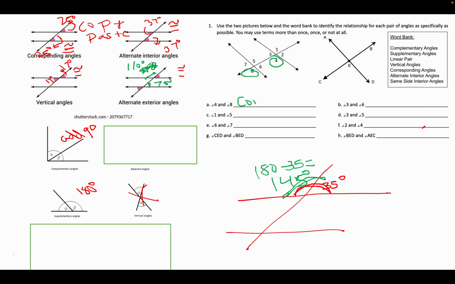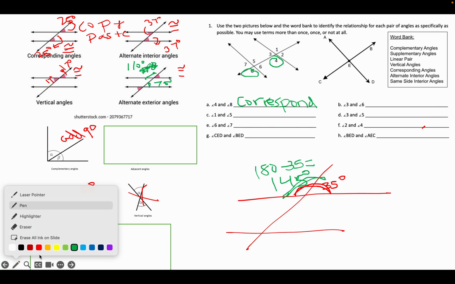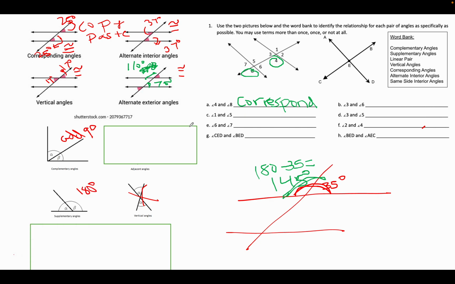Corresponding. One and 5. Here's angle 1 in blue and angle 5. Also corresponding. If I copied and pasted and just moved this line up, it would be the exact same angle.